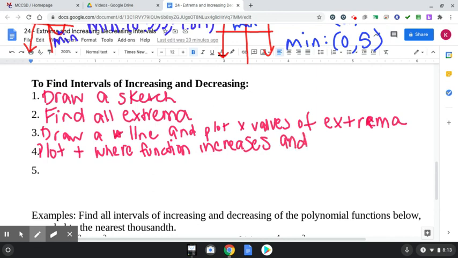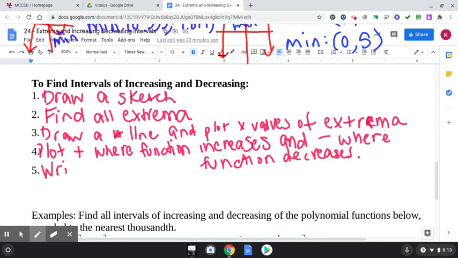And you're going to also plot a minus sign where your function decreases. And then step 5, last thing, using that, you are going to just rewrite in interval notation.